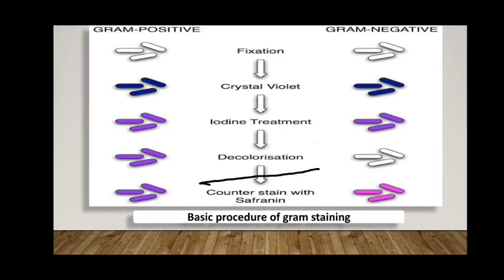Then in the decolorization step, which is also known as the ethanol or alcohol step, the crystal violet color is removed from the gram-negative cell. As a result, the gram-positive cells retain the crystal violet color, whereas the gram-negative cells are secondarily stained with safranin, which gives the pink or red color to the gram-negative cell.